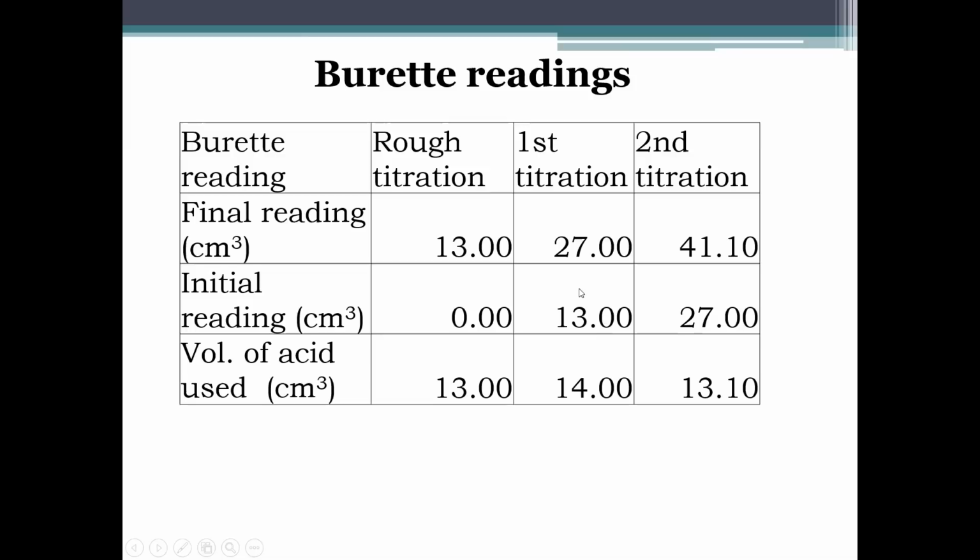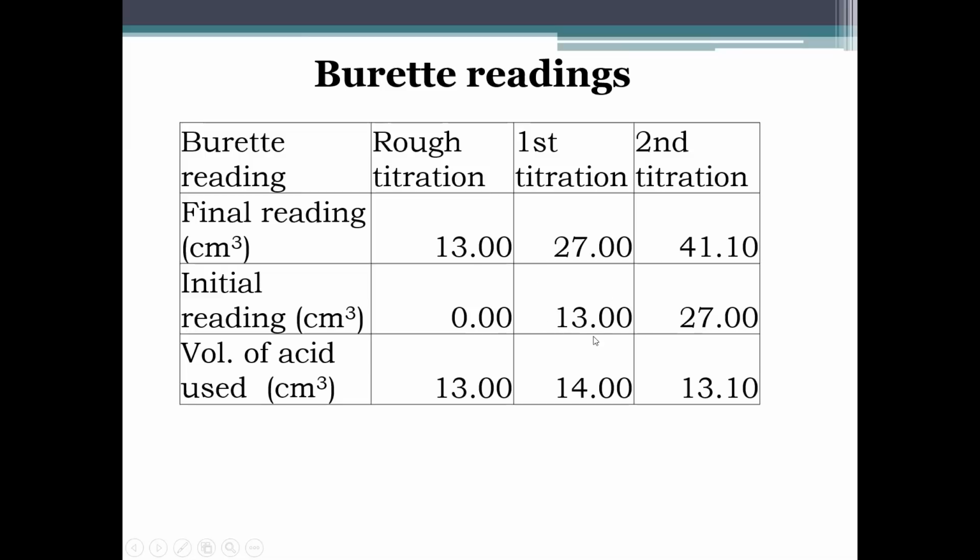If I know, for example, that my burette is 50 centimeter cubed, I don't need to fill it up again to 0 if my rough titration is far below half of the content of my burette. So now, if I don't lose any acid, I look at my burette again.